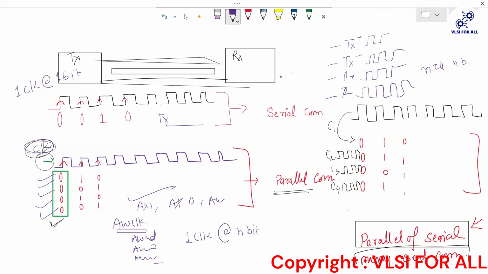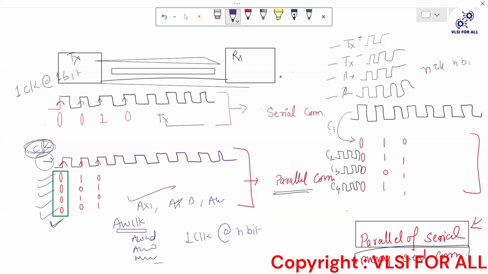The answer is no. There are 4 serial communications happening in parallel. It's like that. Clear? So anyone have any doubt now?